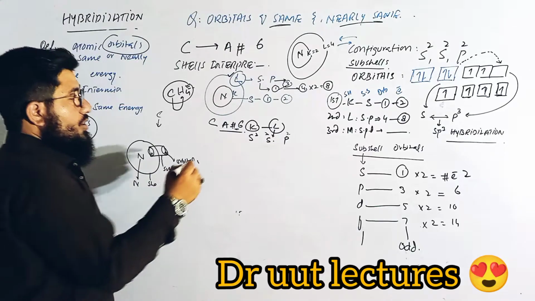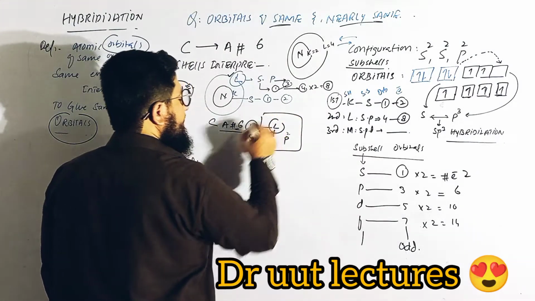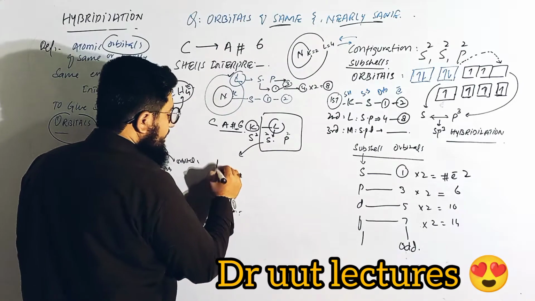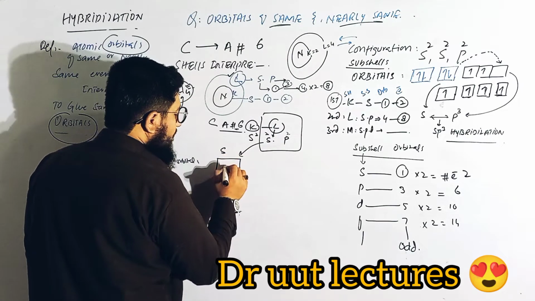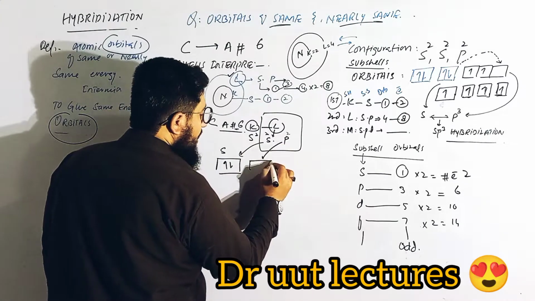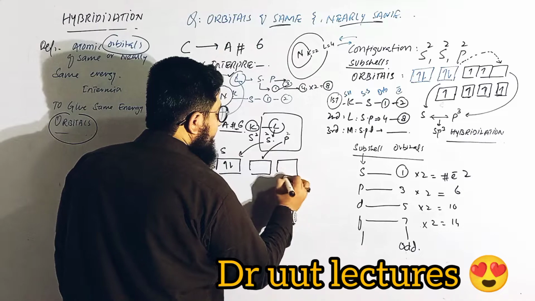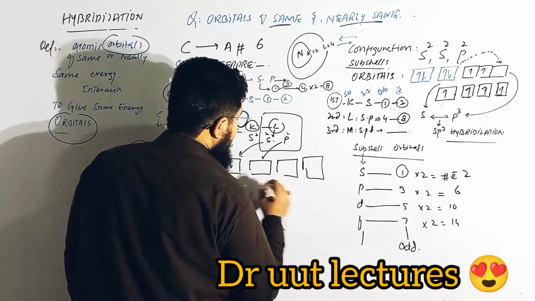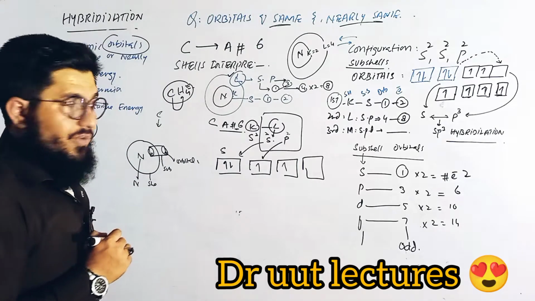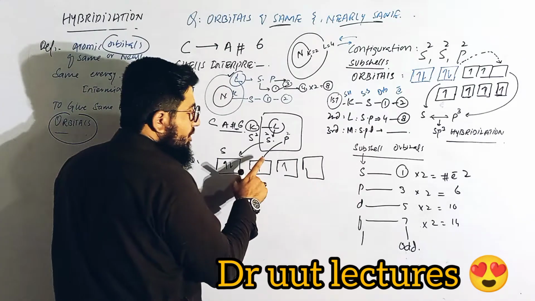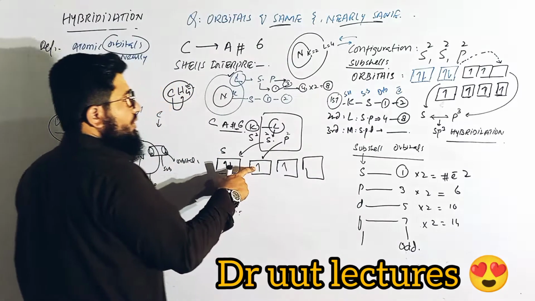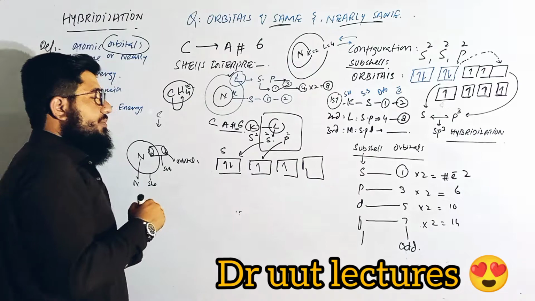How? Very simple. So here we get our L shell, and there we have subshells S and P. In the S we have 2 electrons, and in the P we know very well that P has 3 orbitals. In the first, second and third orbitals, electrons are supposed to be available. I told you in one orbital there should be 2 electrons, but now we are moving towards the formation.